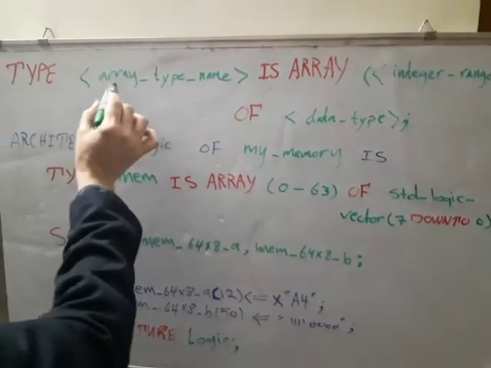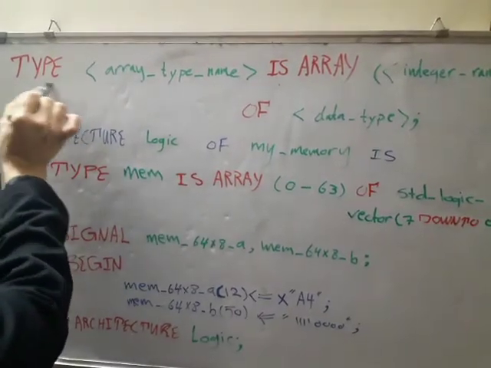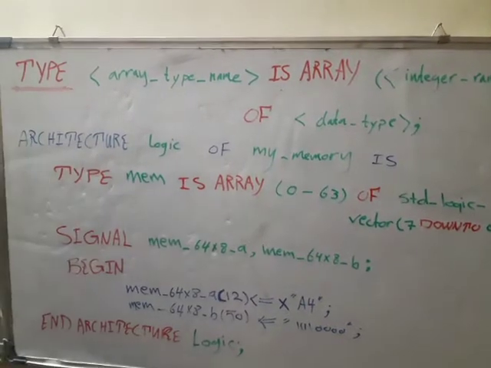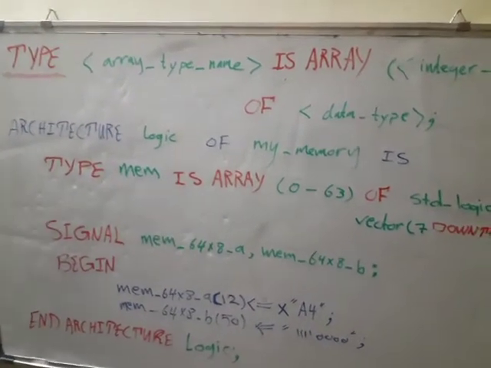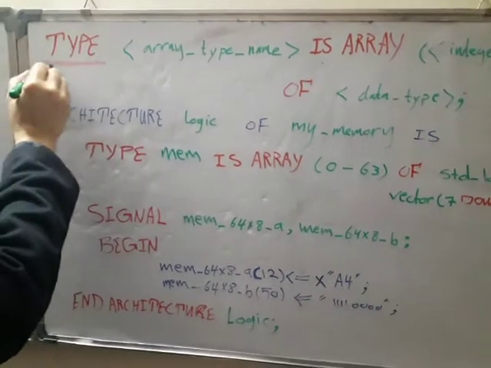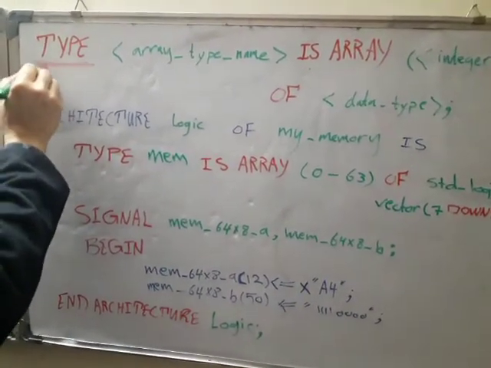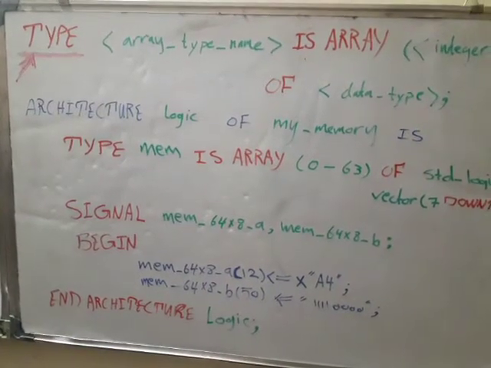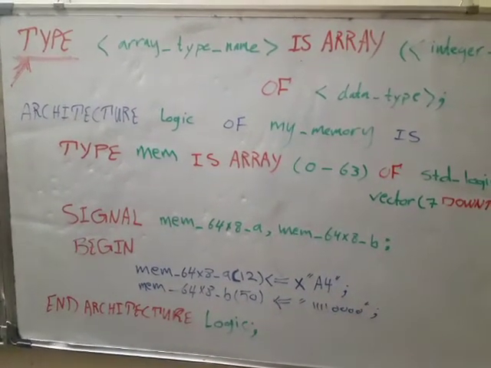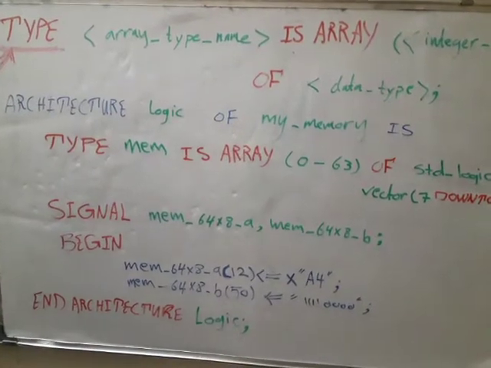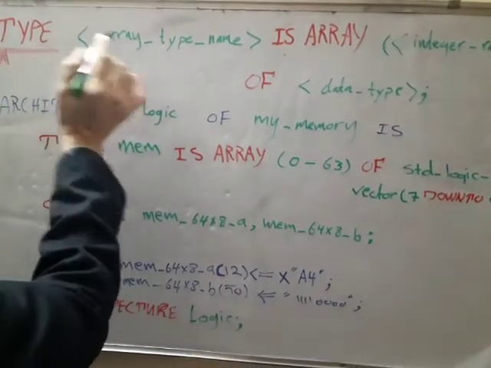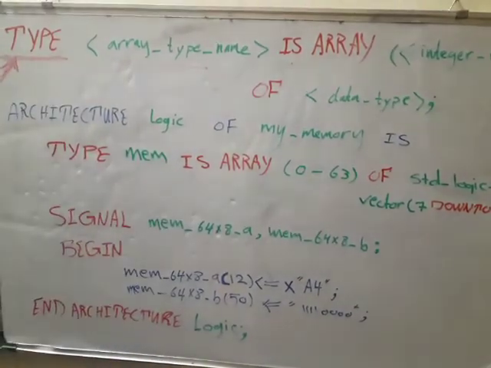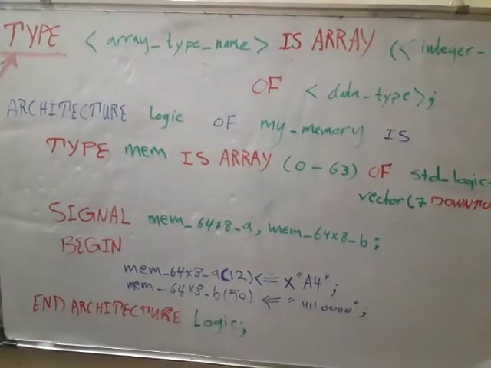By the keyword type, we can define a new data type, a special data type that is useful for a special task. Any name can be used for this new type.